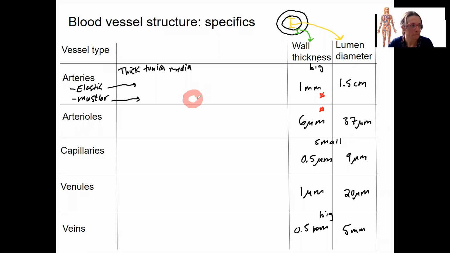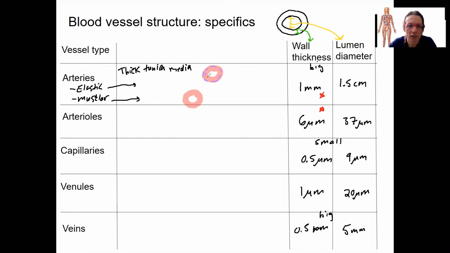Actually, for elastic, I'll keep doing this. Elastic, we are also going to have some elastic in there as well. Purple is often how elastic is shown, so I'm going to add some purple into this inner layer here. That doesn't look like purple, but it is.